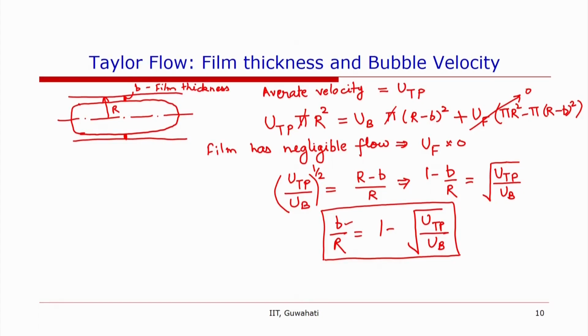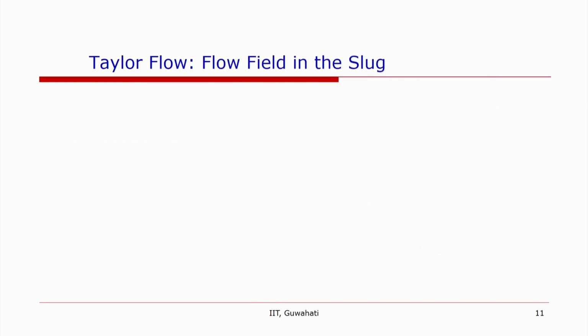If we find out the bubble velocity, then we can also know what is epsilon g. Among B, epsilon g and UB, out of these three, if we can find one parameter, then we can further analyze and find the other two parameters by the relationships that we have just now developed.